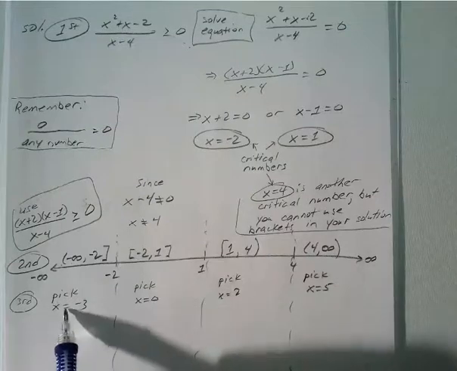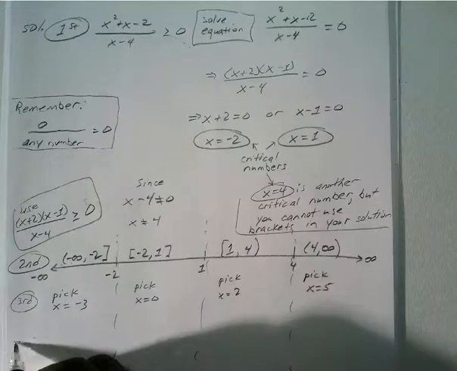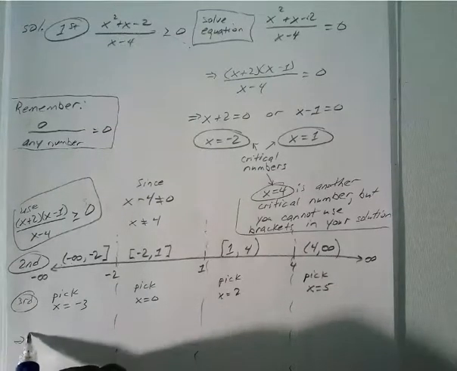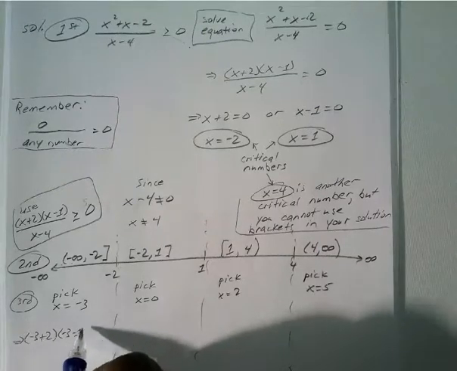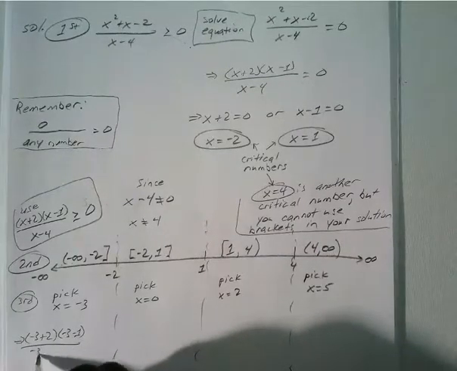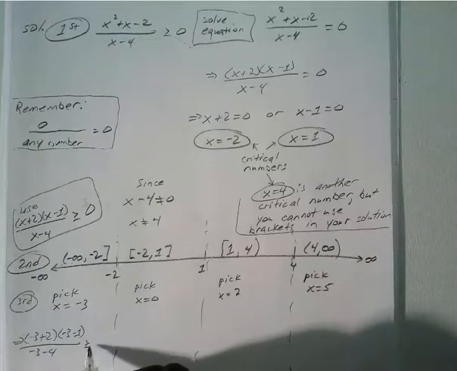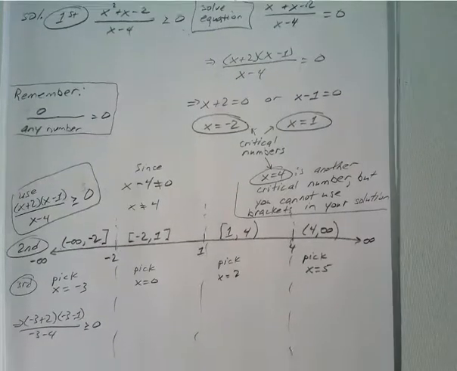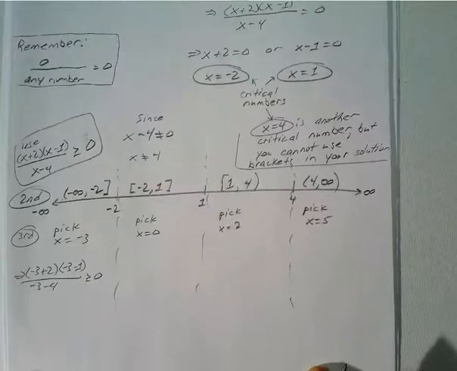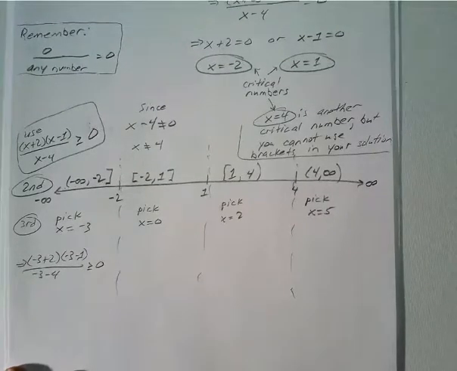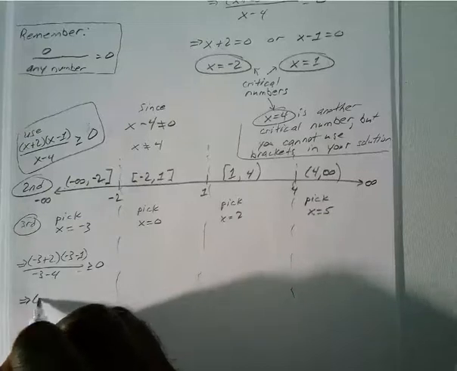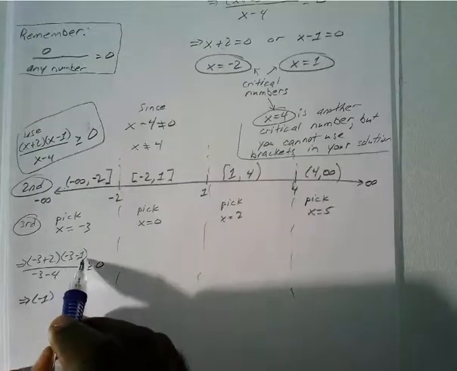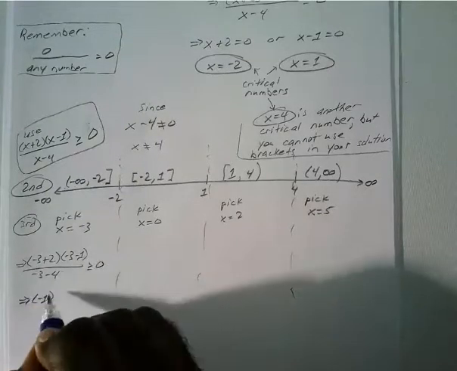All right, so if we pick x equals -3, that's -3 plus 2 times -3 minus 1 over negative 3 minus 4 is greater than or equal to 0. Okay, so negative 3 plus 2 is negative 1. Negative 3 minus 1 is negative 4.